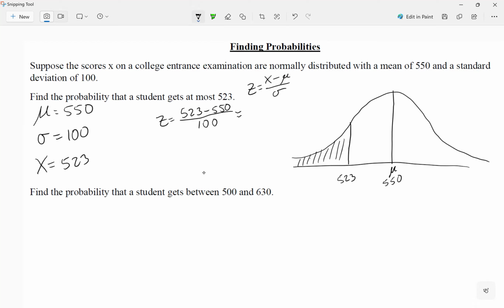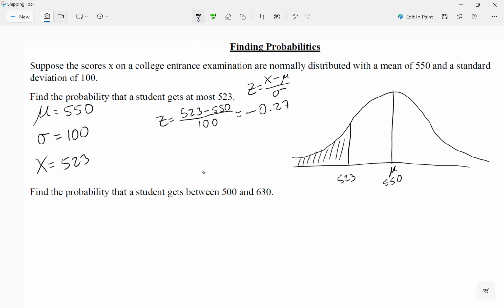Using the calculator, it says negative 0.27. The negative sign is because my 523 is to the left of my mean.